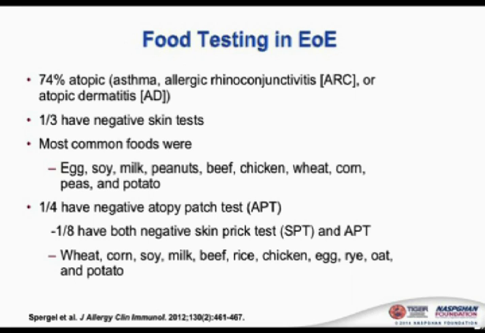When we went back and looked at what foods we found, consistent with work from the Rothenberg group out of Cincinnati, the Northwestern group, as well as the Lucendo group out of Spain, everyone sees the same sort of foods, whether it's done by reintroducing foods or seeing what foods cause symptoms by biopsies. It's milk, egg, wheat, soy, then everything trickles down after that.